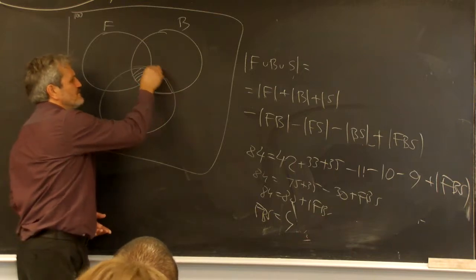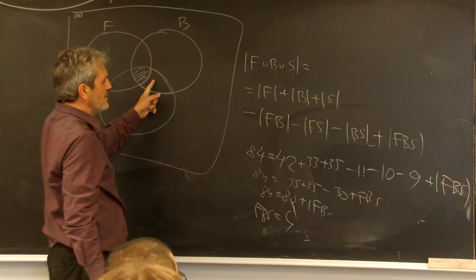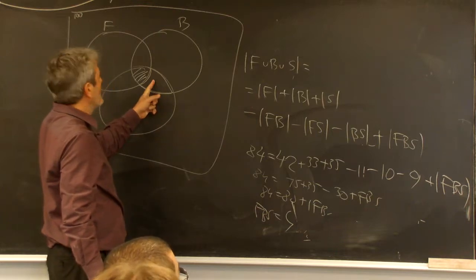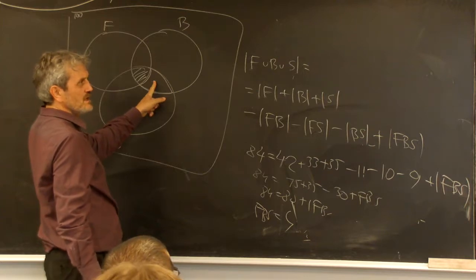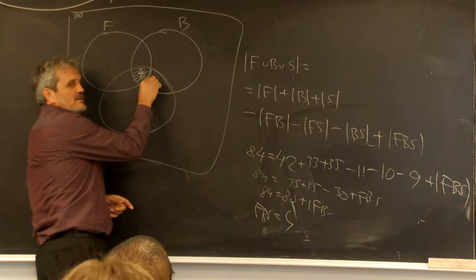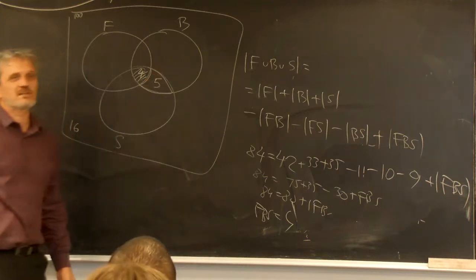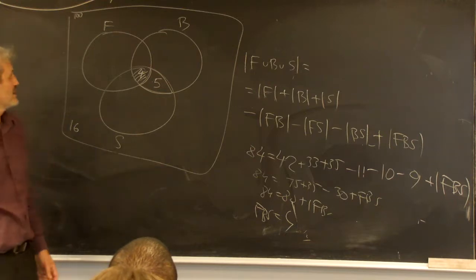How much is here? 9. Where did you get that 9? It says basketball and swimming team. This is basketball and swimming is 9, but 4 are here, so this field alone is what? 5. Because there are 8 fields, and disjoint fields are always the best for calculation.